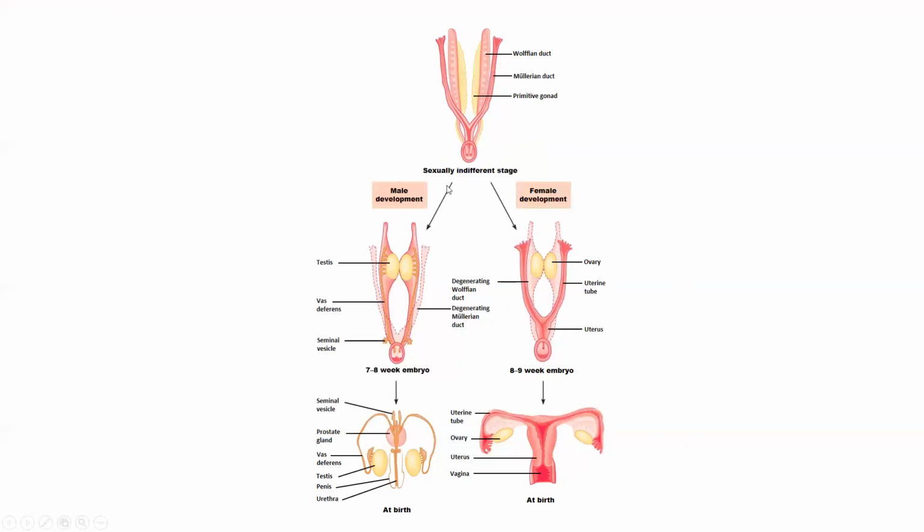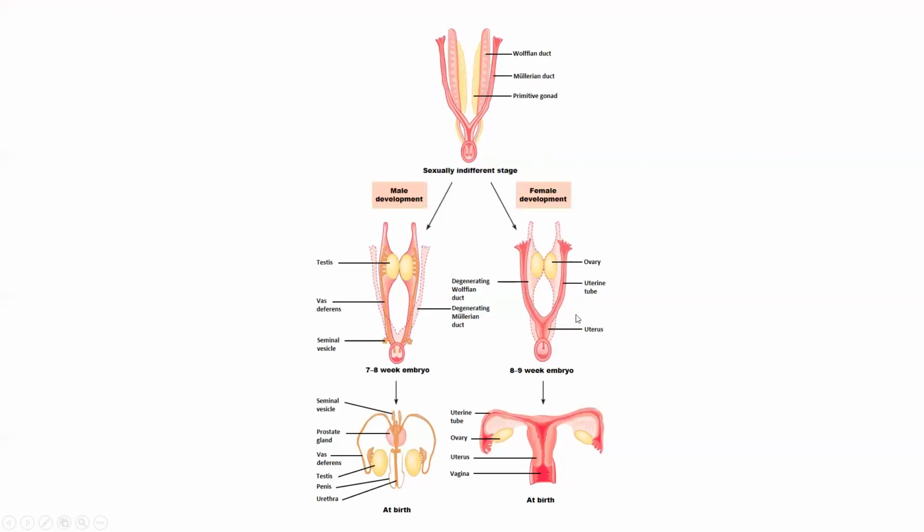Beyond that 2-week mark, we have the male reproductive organs coming through, and that is under the influence of those 2 substances we talked about: the MIH, which is helping to regress the Mullerian duct, as well as testosterone, which is helping to develop the Wolffian duct structures. And again, the Wolffian duct is going to give rise to the vas deferens as well as the seminal vesicles.